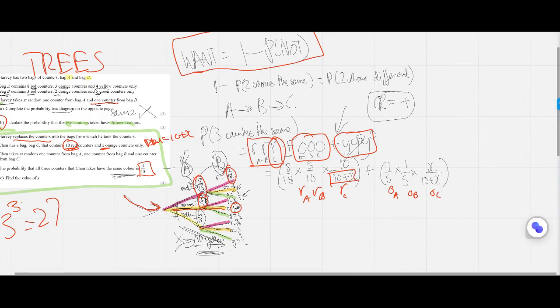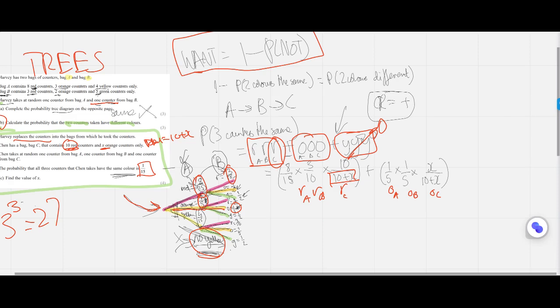Now it turns out for yellow, yellow, yellow, if you look at the B side of the original tree diagram I drew, there is no yellow. So the probability of getting yellow in B times the rest is 0. So that goes to 0. Very nice. Done. So now we just have RRR plus OOO.